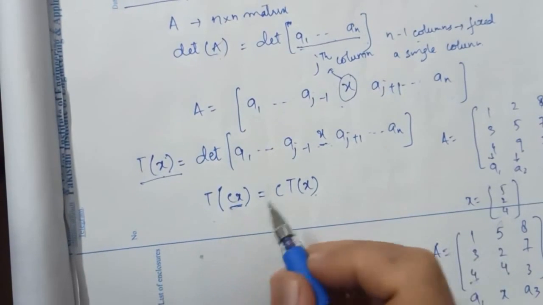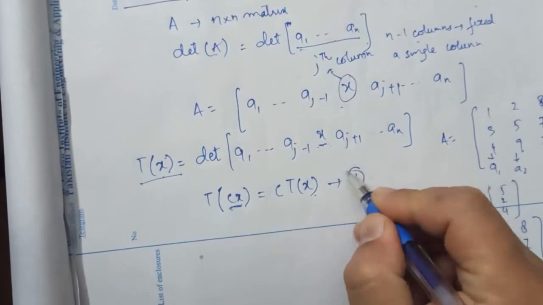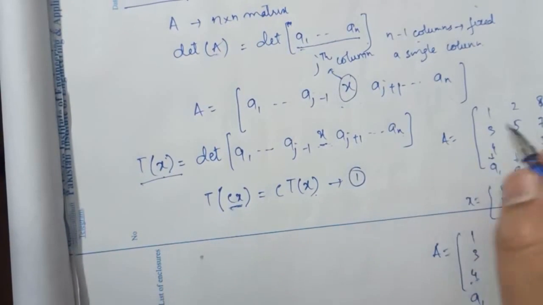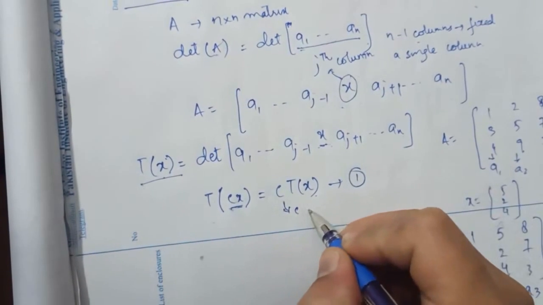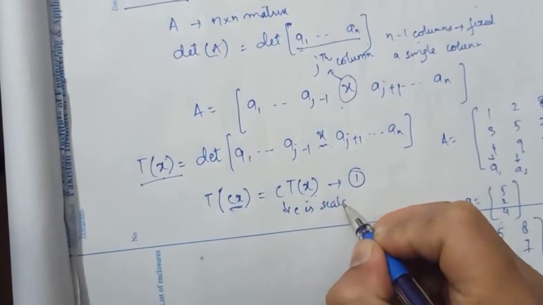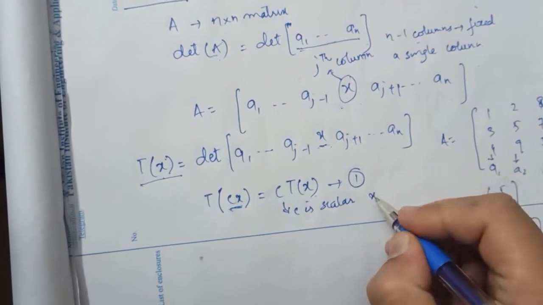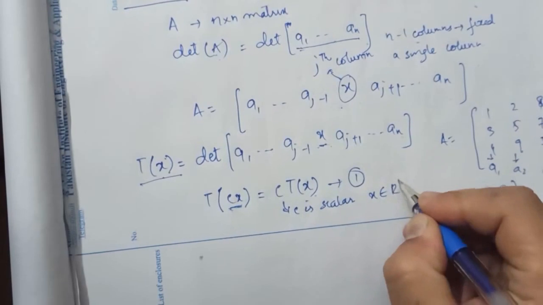This is the first property. The second property is where c is a scalar and x is in Rn.